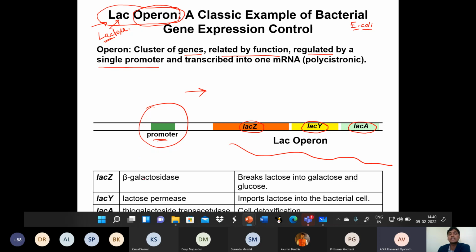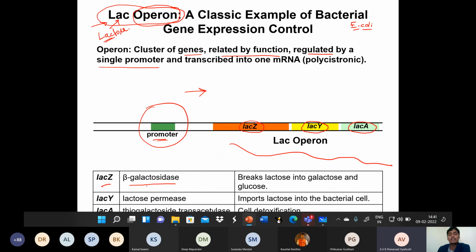So in this table, I have listed the products: lac Z makes beta-galactosidase. This is the enzyme which cleaves the beta-1,4 glycosidic linkage, so it breaks lactose into glucose and galactose.